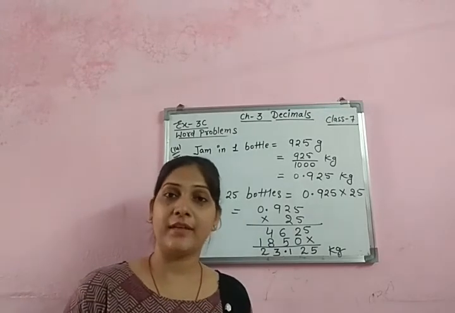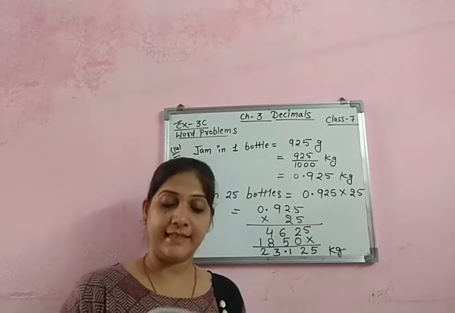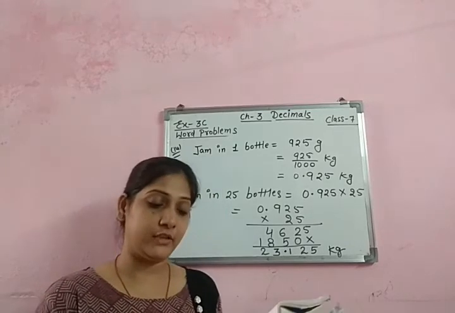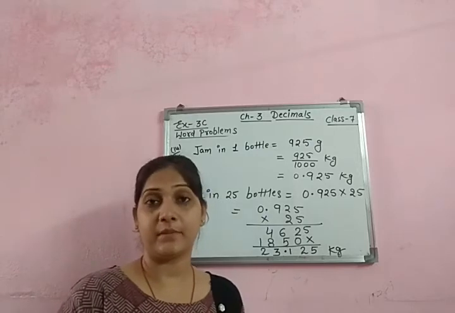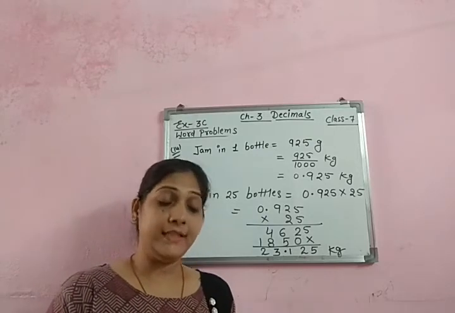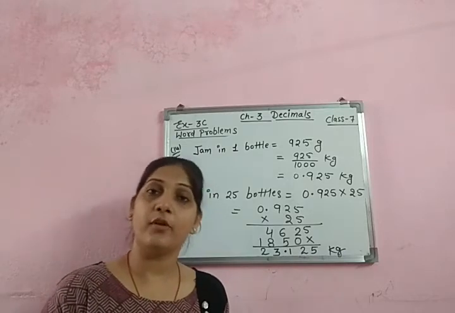Now, the next one for you, 15th. If one drum can hold 16.850 liters of oil, how many liters can be in 48 such drums? So the quantity of oil in liters is given for one drum.